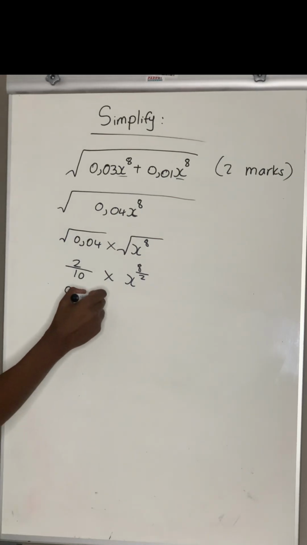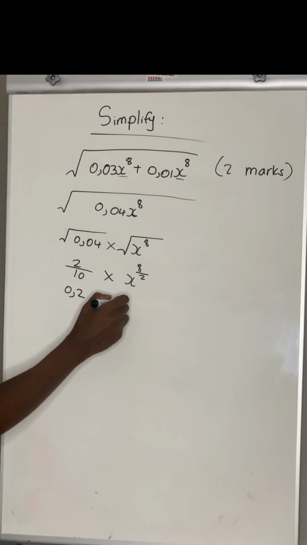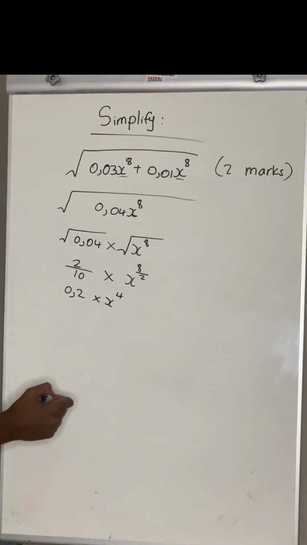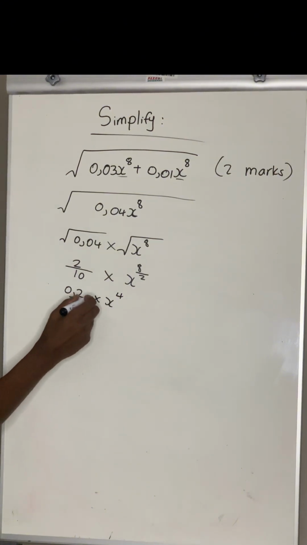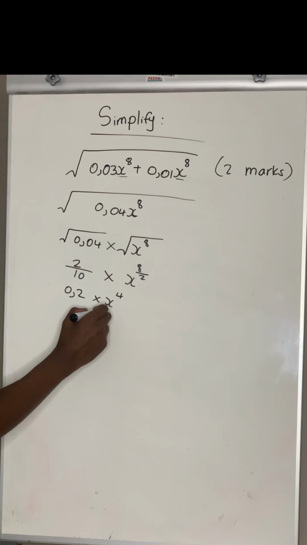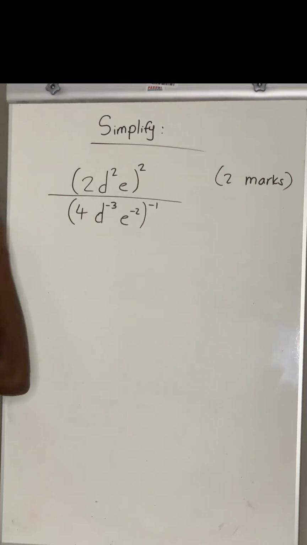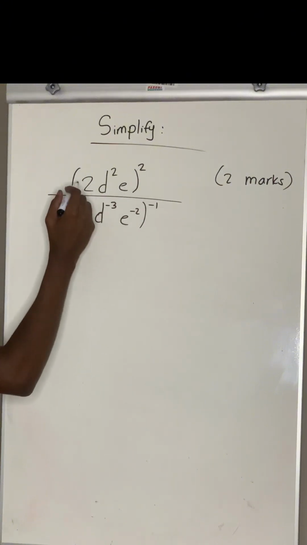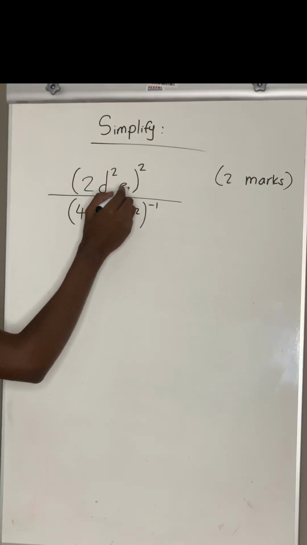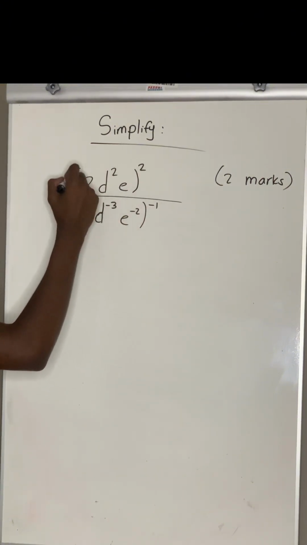And then times x exponent 4. So 0.2 times x exponent 4 is simply 0,2 x exponent 4.